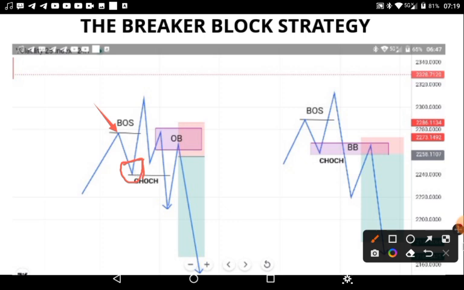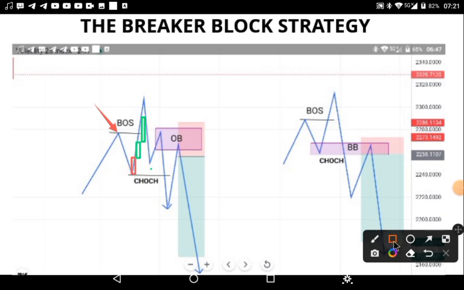The last opposite candle. Let me do it this way. This is just how the price moves. So before it broke this structure with these green candles, it formed this red candle. So this is the last opposite candle before the structure was broken. This is what we call our order block.